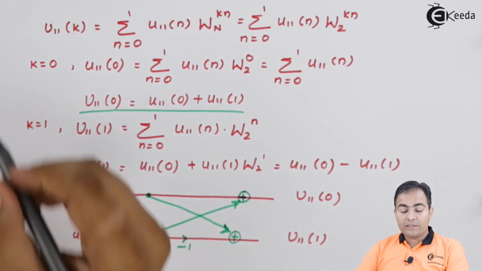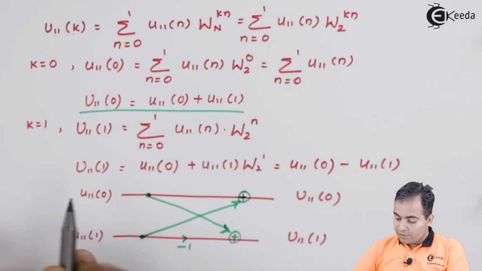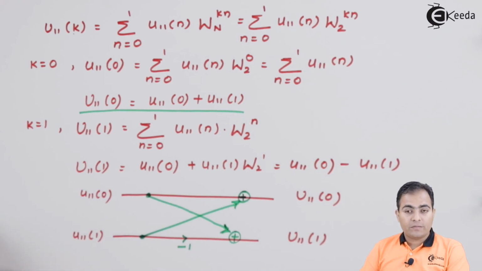For the next values, U12 of k, U21 of k and U22 of k, we will use the same pattern, and I will draw the final structure of the DFT, or the DIT-FFT. So let's see what the outcome is.